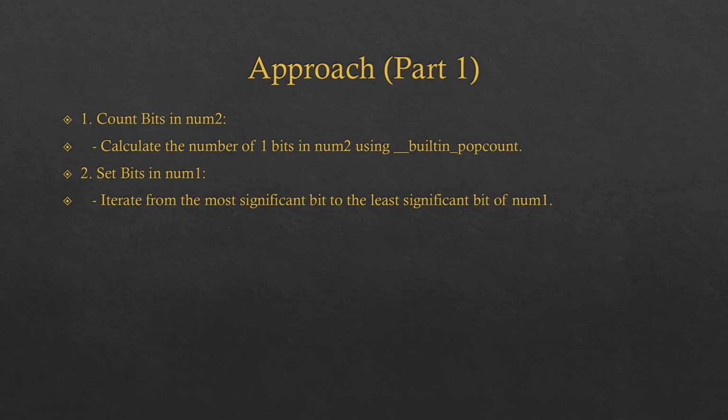Let's break the approach into simple steps. In step 1, we count the number of 1 bits in num2 using built-in popcount. This gives us the target bit count for our result. In step 2, we iterate through the bits of num1, starting from the most significant bit, and set bits in the result as long as the target bit count is not met.